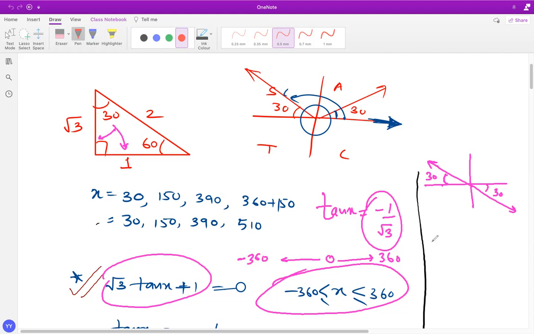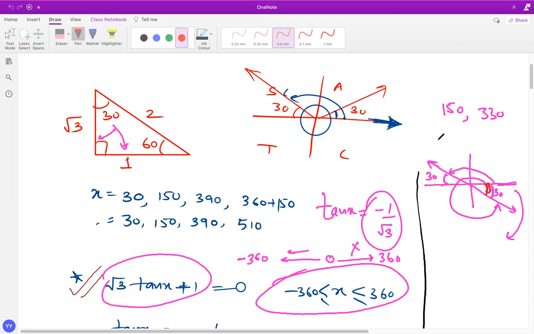When you go from 0 to 360, you get this possible angle, which is 150, the first angle. Then the second angle, which is 330. Is there any other angle between 0 and 360? No. Next we go clockwise. When you go clockwise, your angle is taken negative. The first angle that you encounter is negative 30 degrees.